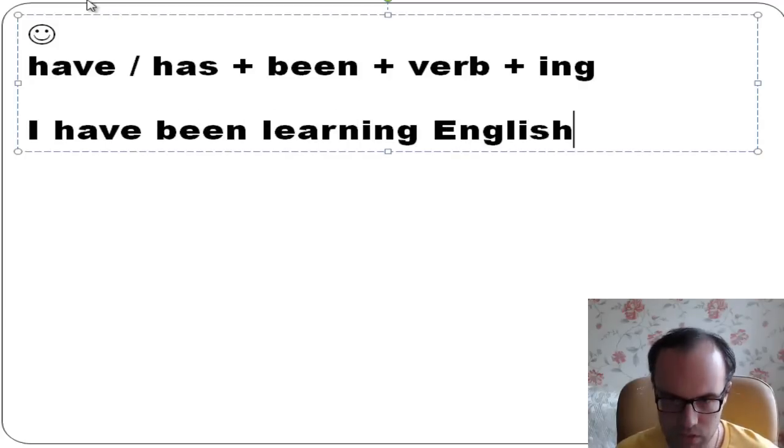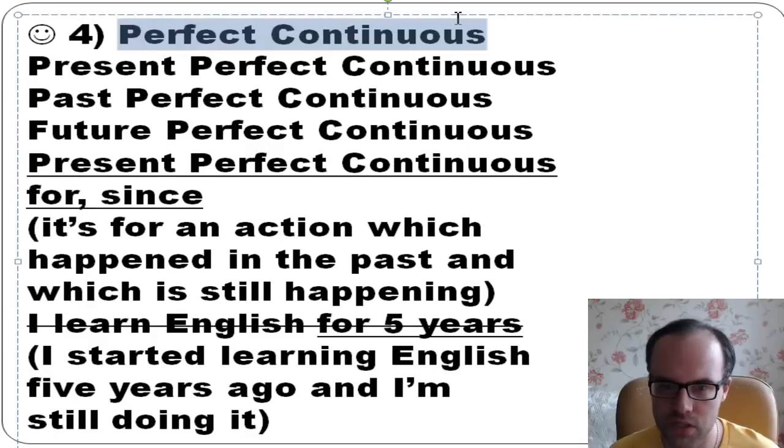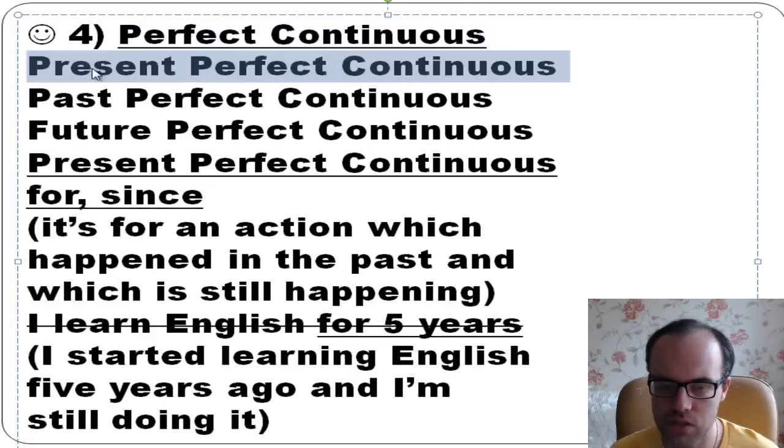I have been learning English for 5 years. I've been learning English for 5 years. There are 3 tenses in this group: present perfect continuous, which we are talking about right now, past perfect continuous and future perfect continuous.